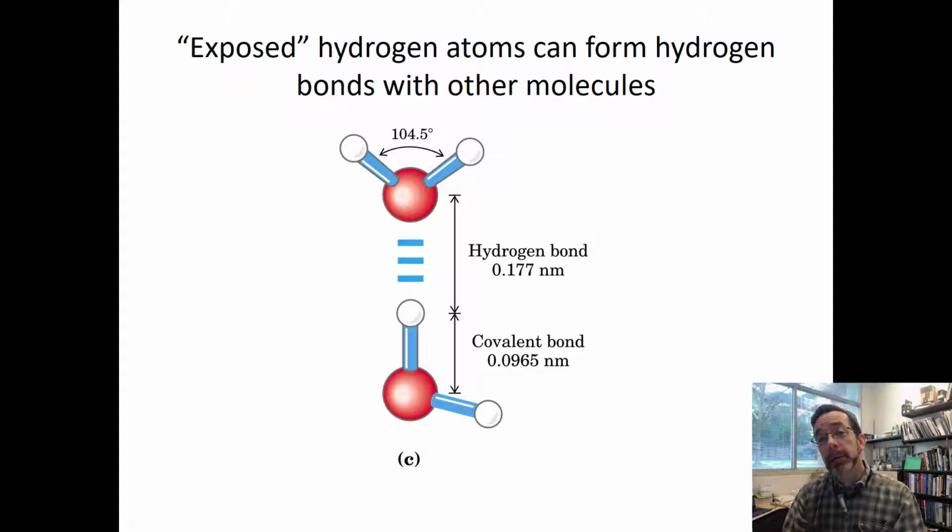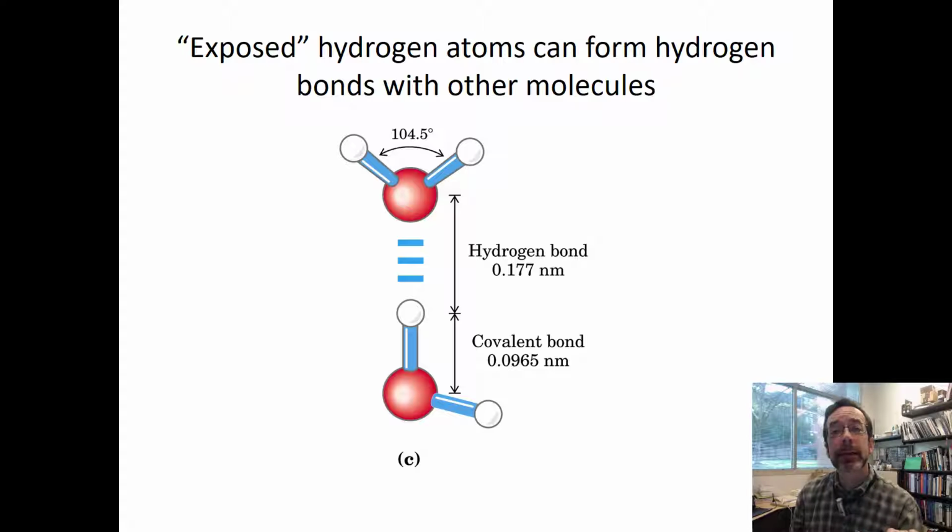But covalent bonds are very strong. So that means that the hydrogen bond is still fairly strong. The hydrogen bond is weaker than a covalent bond, but is still strong enough to affect the behavior of the water. So any two water molecules can form this medium strength to high strength hydrogen bond between them.